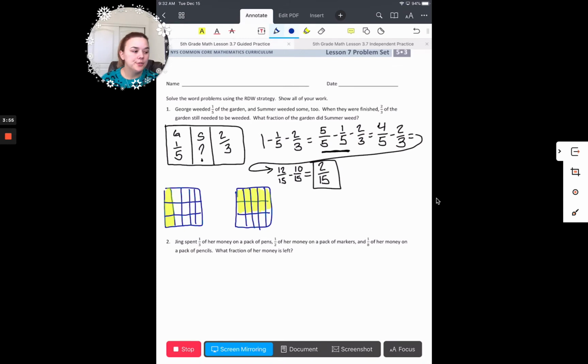So then we're going to add those together and then subtract that from 1. So we have 10/15 and we have 3/15. So total, we're going to have 13/15. So then we're going to take this and subtract that from 1.